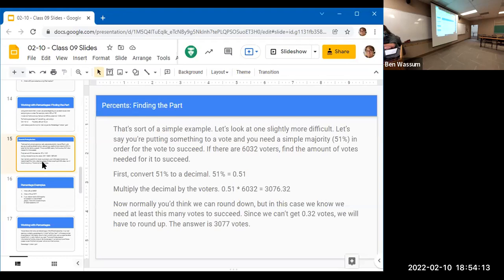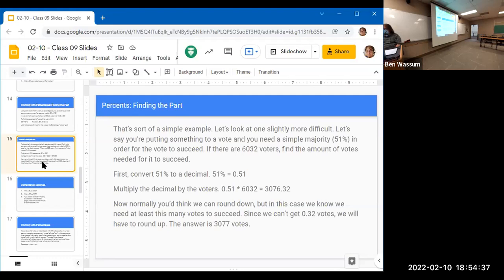But we can't have 1/3 of a person. So on particular word problems like this, you would know that even though it's smaller than 0.5, we would want to round up in order to account for that 0.68 missing vote that we would have.